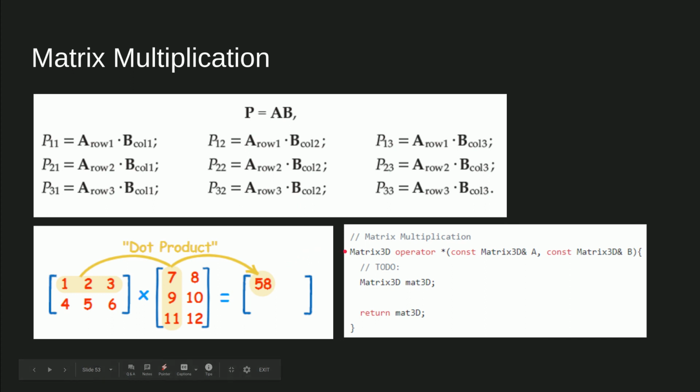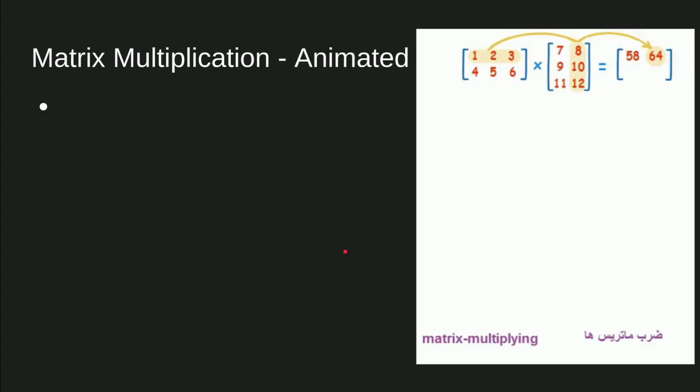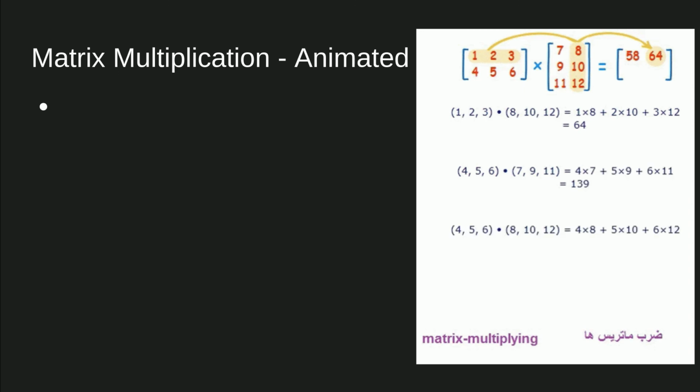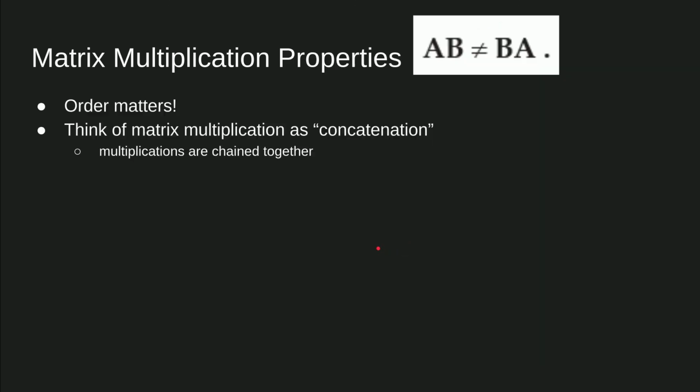So it fits into here. Here's the animated version of that if you want to see each step at a time. For your matrix multiplication, you're going to do this by hand. It's a little bit tedious. You don't want to use any loops, but you'll compute all these dot products for all 9 of the values in your matrix.